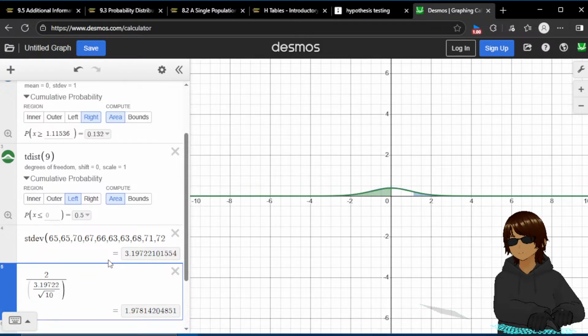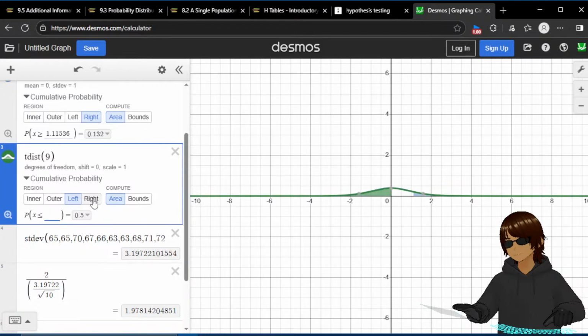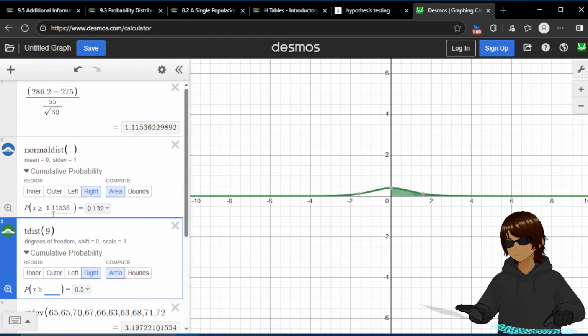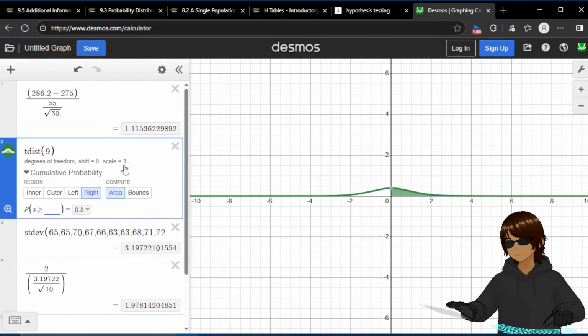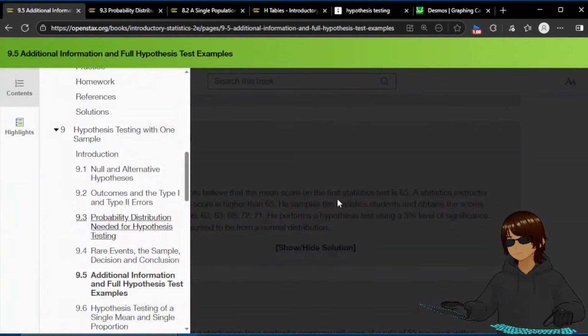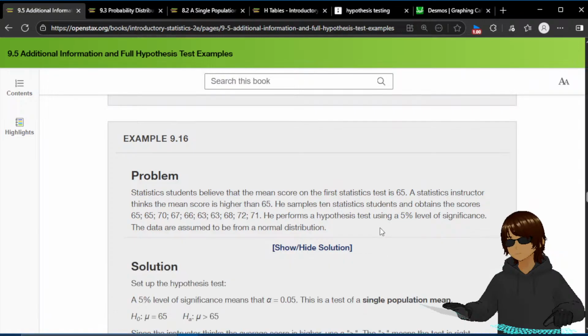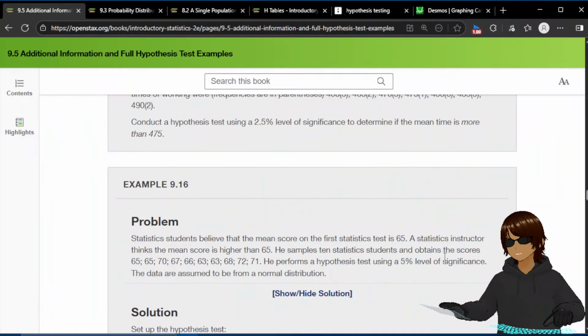I'm getting 1.978. Forget this. 1.97814. Say 0.04. Here's a 5% level of significance, right? So we do reject the null hypothesis.